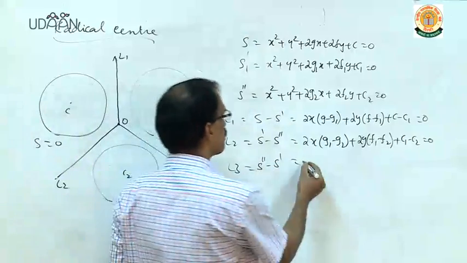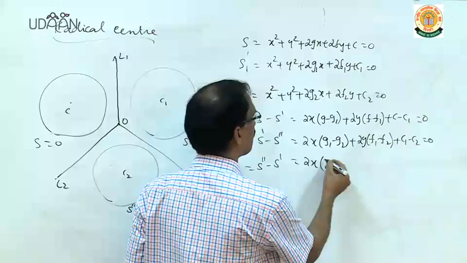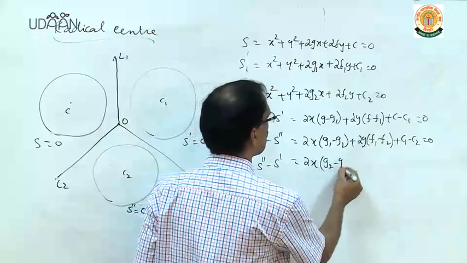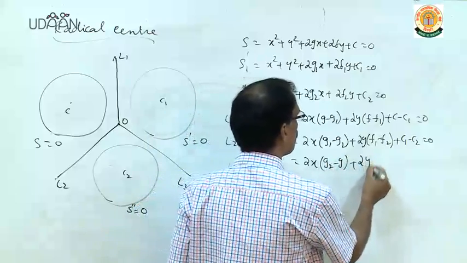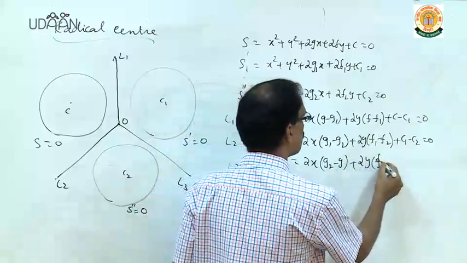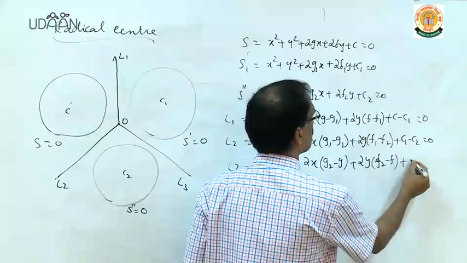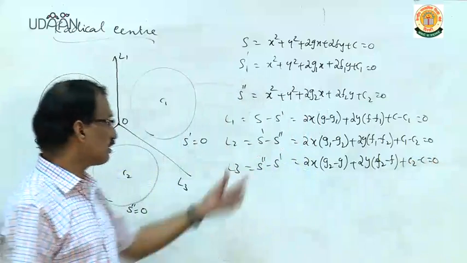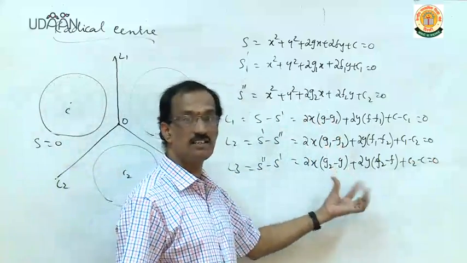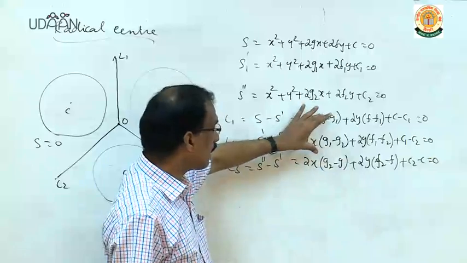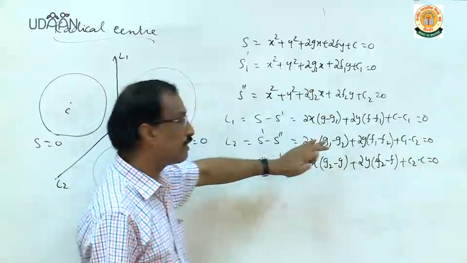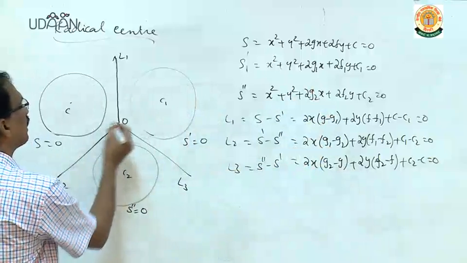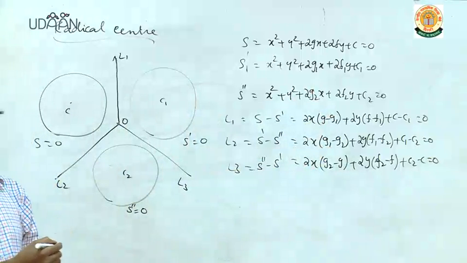So, we get 2x into g2 minus g plus 2y into f2 minus f plus c2 minus c equal to 0. So, this is a straight line, this is a straight line, this is a straight line. Now, if you take any two of these lines and solve them, we get the radical center of the circles.